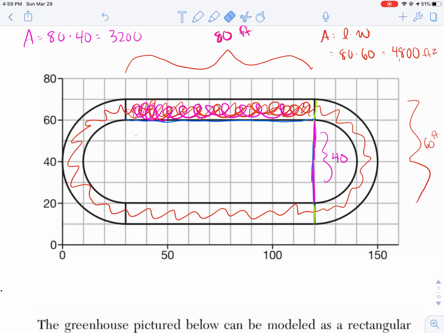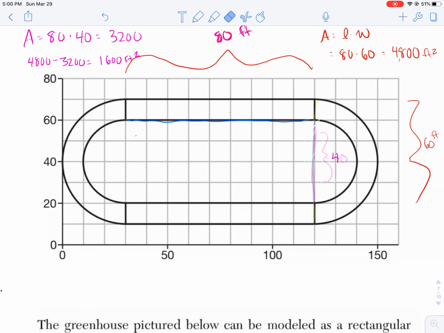And so the grand total, this spot in the middle here, this pink stuff, all right, so let me erase all this other extra. Okay, this little pink section right here, the only area we're finding thus far, is going to be represented by 4,800 minus 3,200, which is 1,600 feet squared.